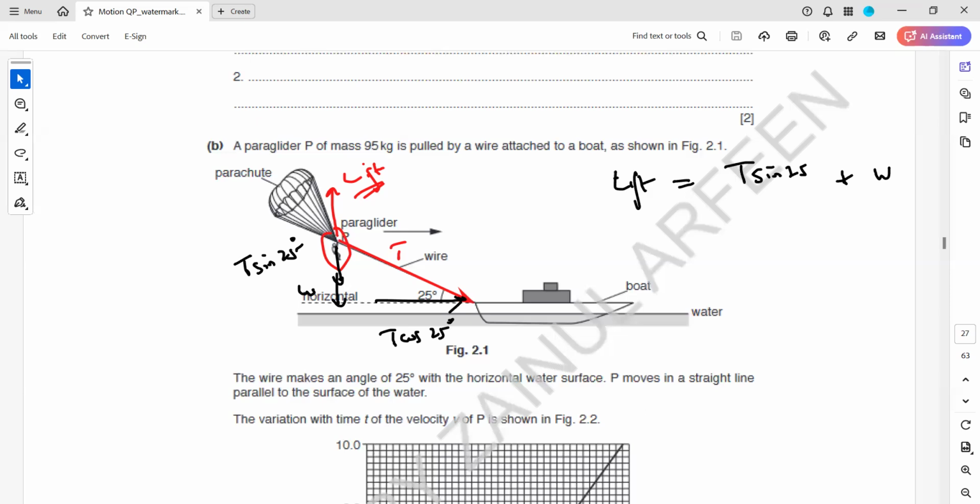We simply add them because the total downward force must equal the total upward force, as he's at a constant position. The tension was given as 280 newtons. So the component of the tension and the weight which act downward balance with the upward lift, and he remains at a constant height above the sea.